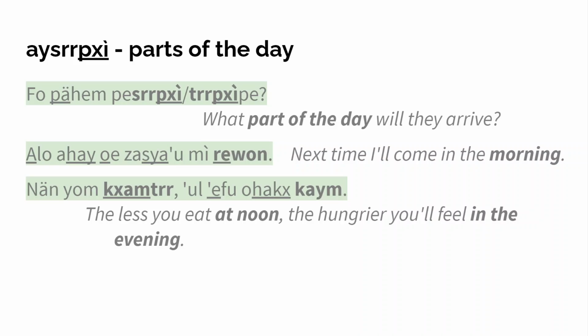So we used an adposition there because these parts of the day are nouns. But apparently, if we follow this sentence, we can also just use them as adverbs. So amtr, without any adposition, here is used to mean at noon. And kaim, without any adposition, is used here in the sentence to mean in the evening. Unfortunately, we don't have that many more examples. But yeah, you can use them that way too.